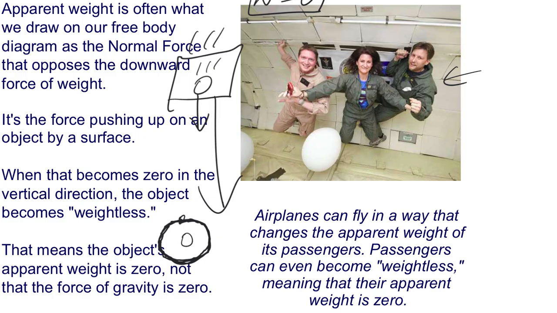They're in an airplane, and the airplane is falling with them. So this big airplane goes up high, and then it just drops. And as it drops, the airplane is dropping at the same rate that the people inside are dropping.